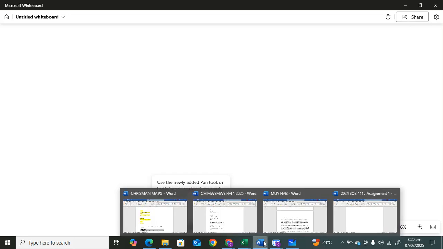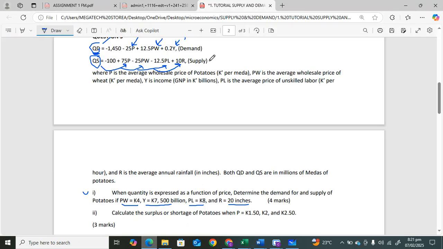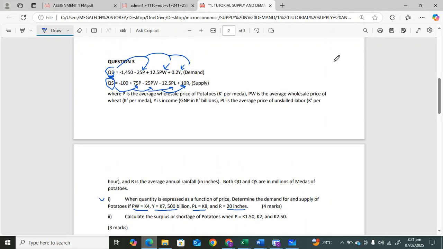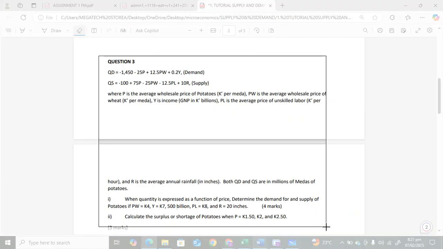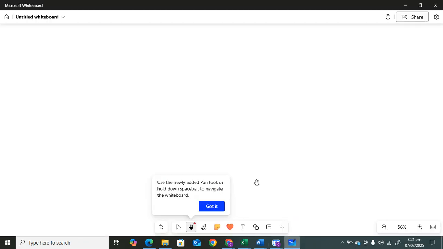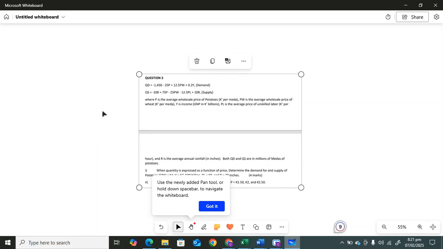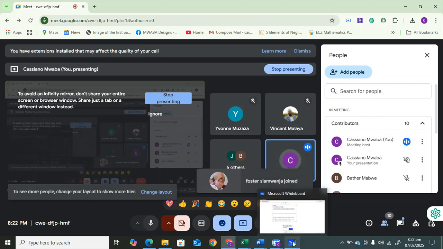Let me bring that information on the board. Okay, so the first thing that we need to do is substitute those values we've been given into the functions.